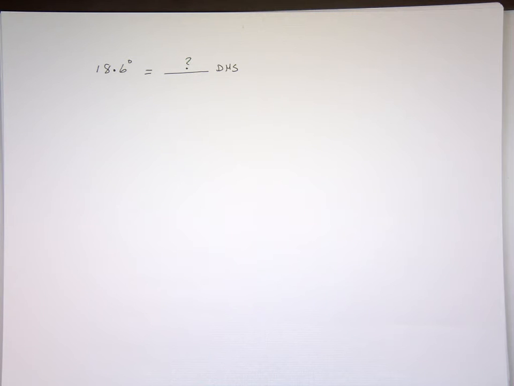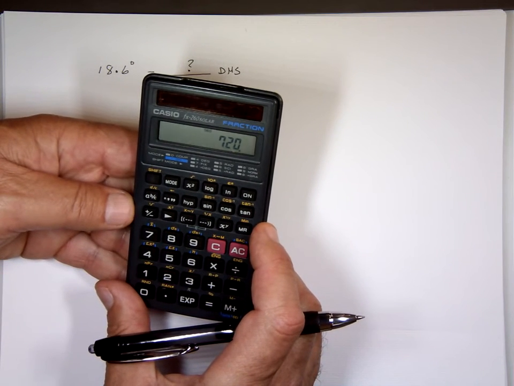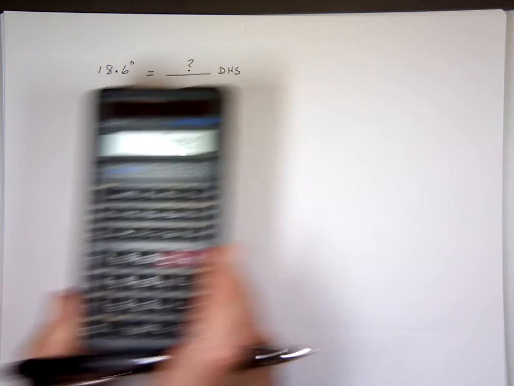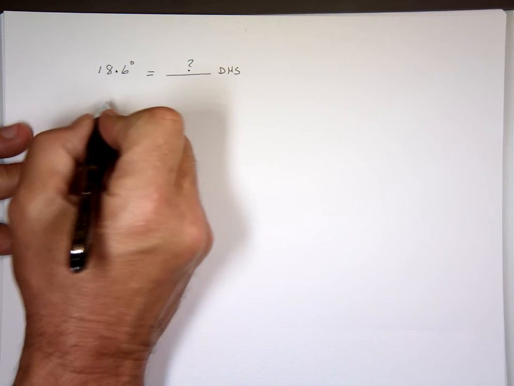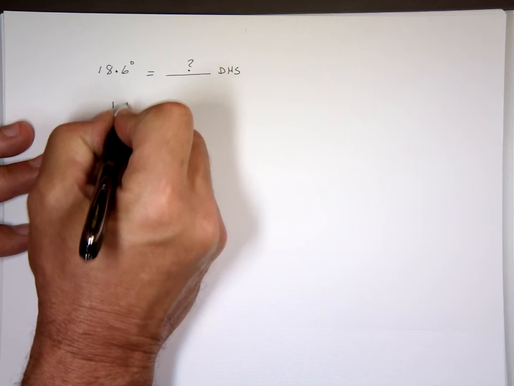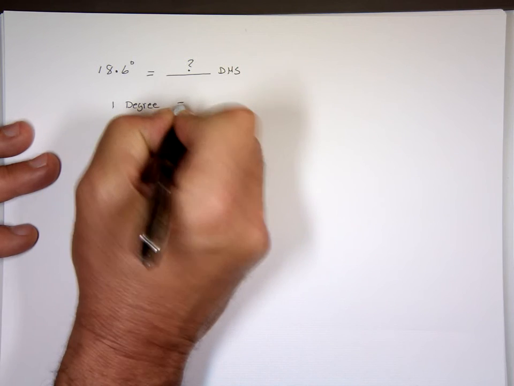On most calculators, there's a button that says DMS on it. If I have a graphing calculator, I have a button that says DMS on it. How do you take an angle and change it from degrees to degrees, minutes, and seconds? Here's what you have to remember. One degree is equal to 60 minutes.